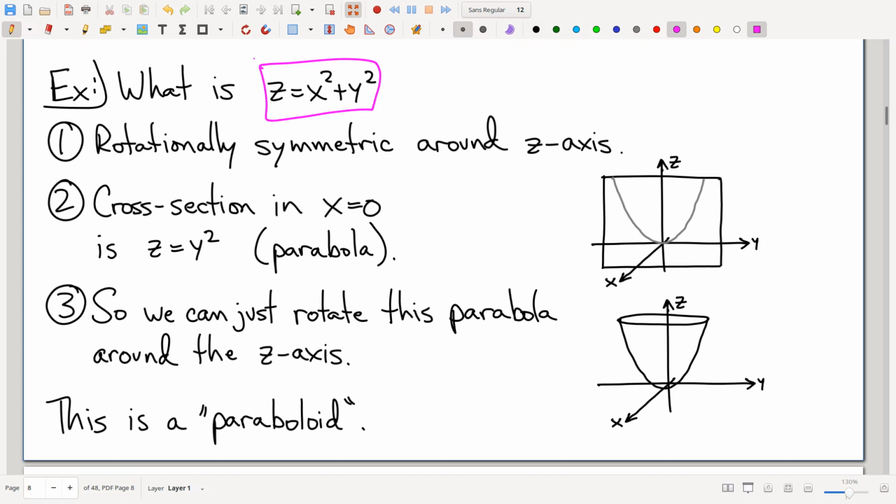Now, you may quibble and say, I do not see a square root on that expression, on the x squared plus y squared. But keep in mind, this is equivalent to z equals the square root of x squared plus y squared.